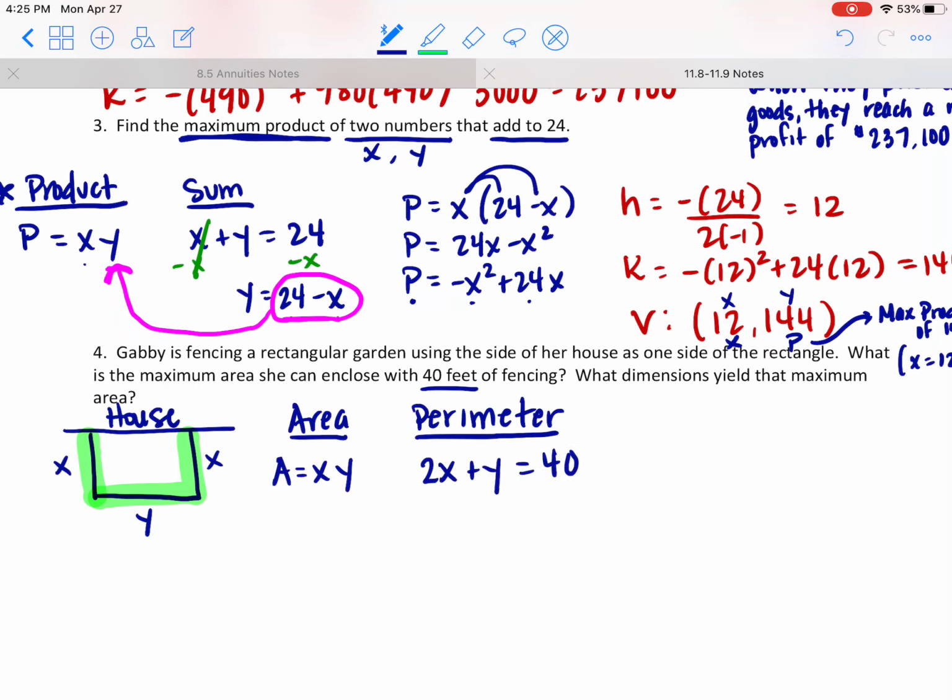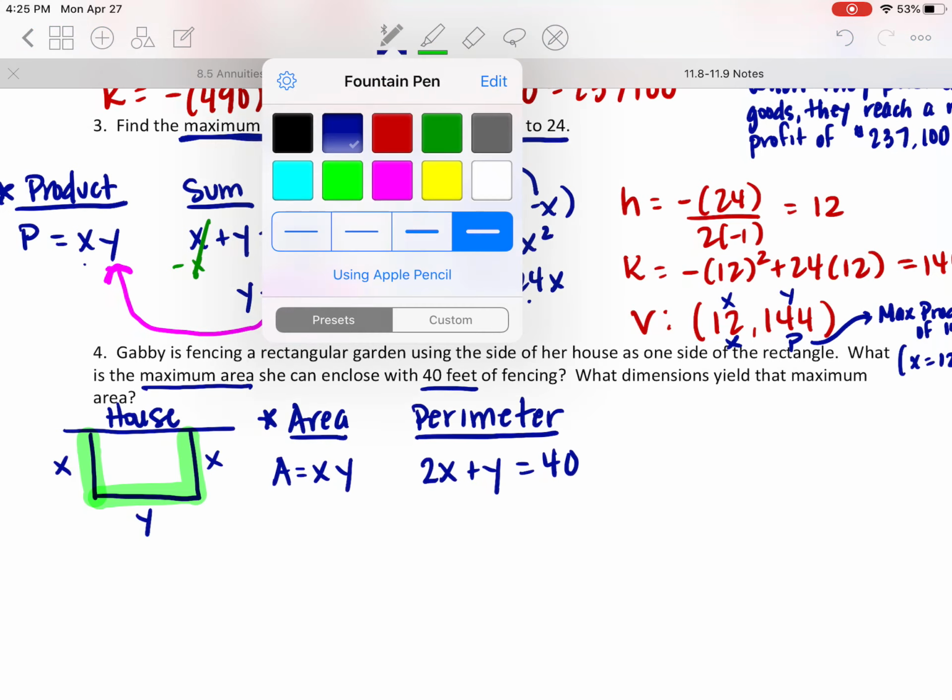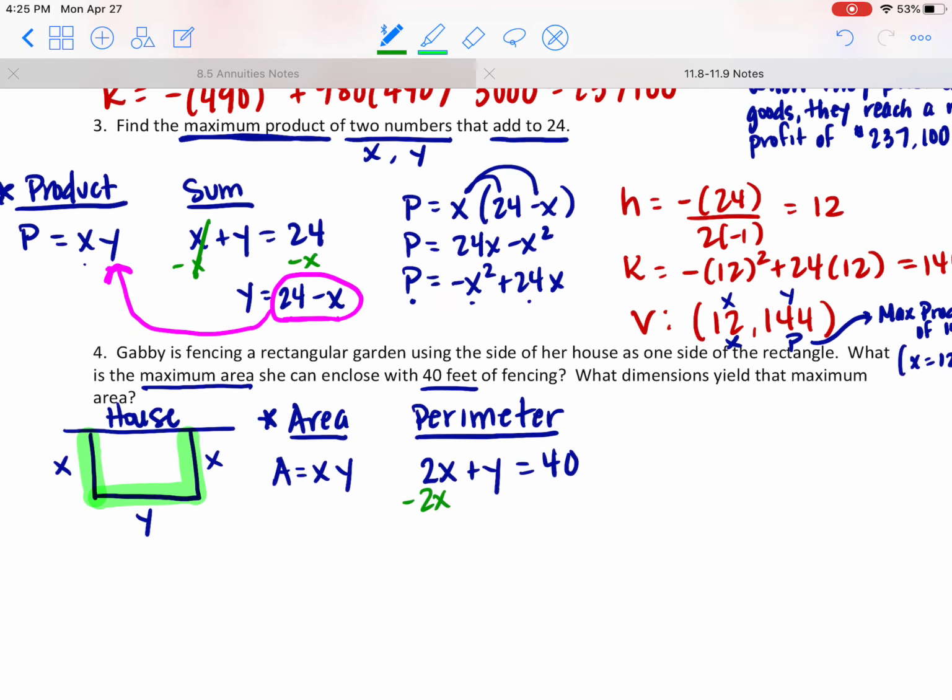And the perimeter here is 40 feet of fencing. So if I add up the 3 sides, the 2 x's and the y, I get 40 feet of fencing. Okay? So this is the same situation we had. We are trying to find the maximum area.